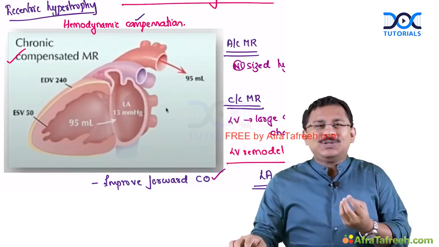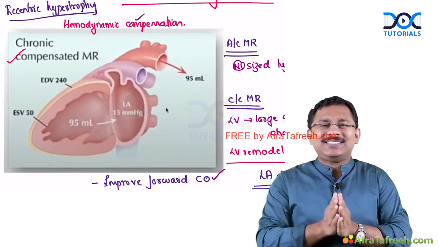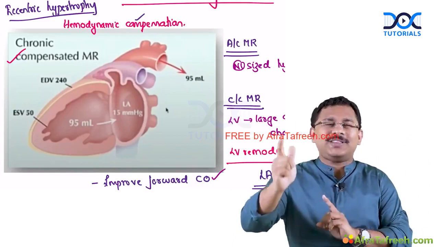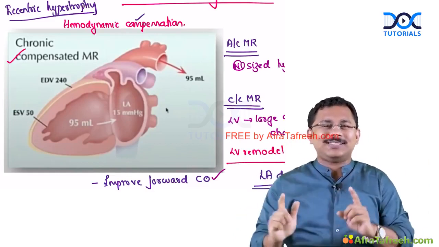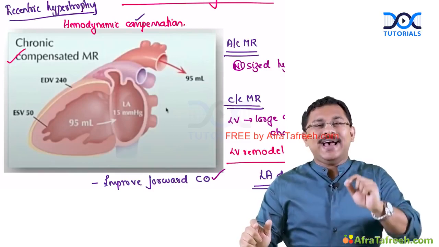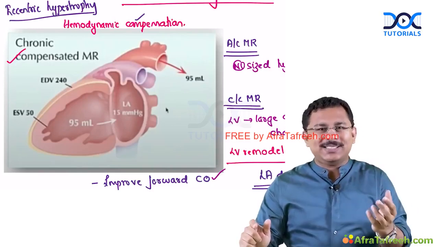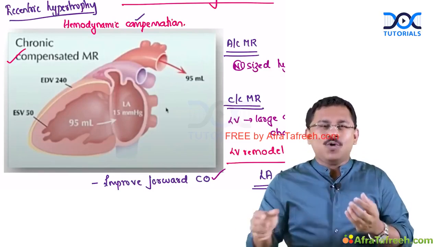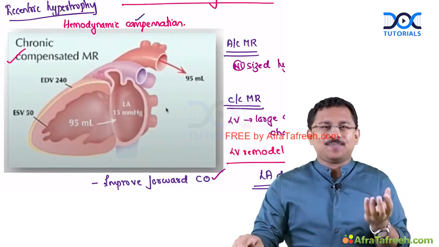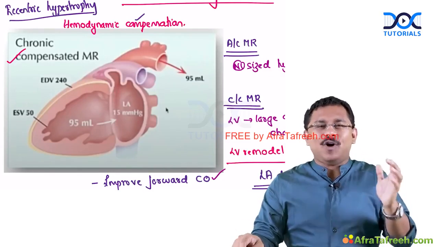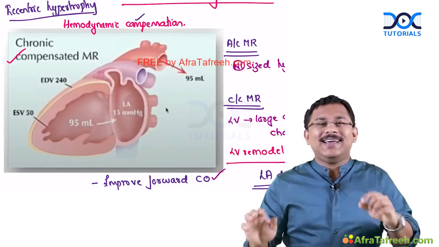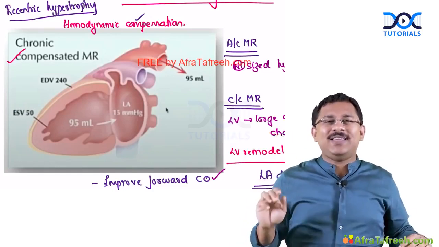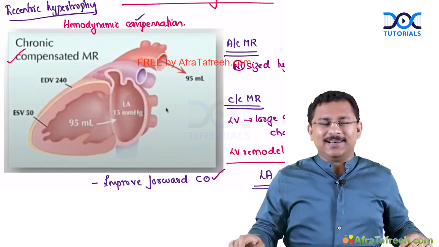So what I'm trying to tell you is that a compensatory dilatation of both LA and LV occurs in a chronic MR. And the purpose of this compensatory dilatation is to accommodate a volume overload at a lower pressure. And since it accommodates the volume overload at a lower pressure, it will help to relieve the pulmonary congestion.